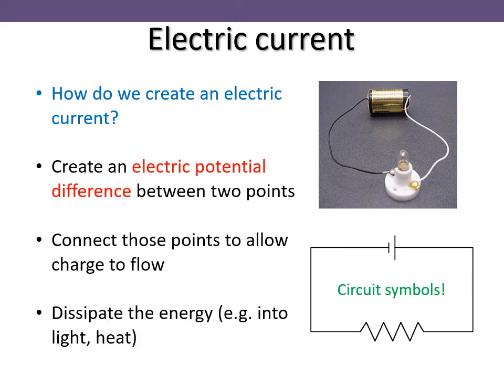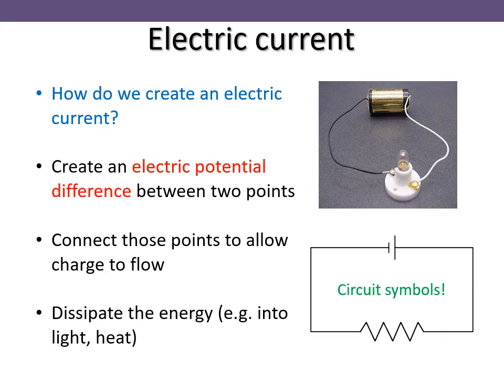So we always have to have some object in our circuit, some resistive element that dissipates the electrical energy. In the case of the picture there, we've got a light bulb. The light bulb could be represented as a resistive element. It has some resistance, and that allows it to convert the electrical energy into light and heat energy.